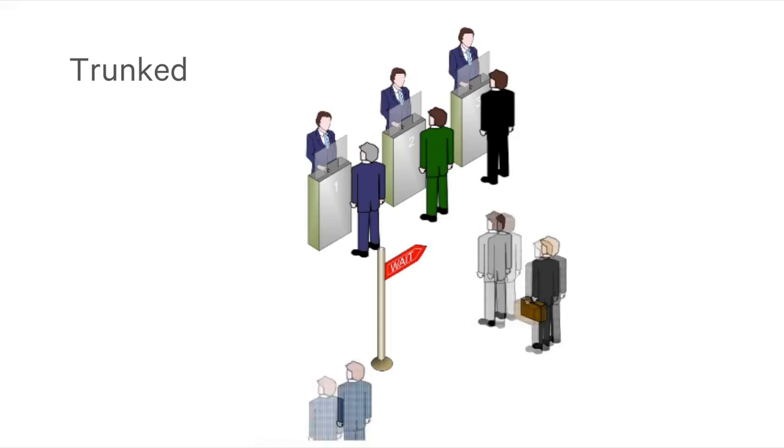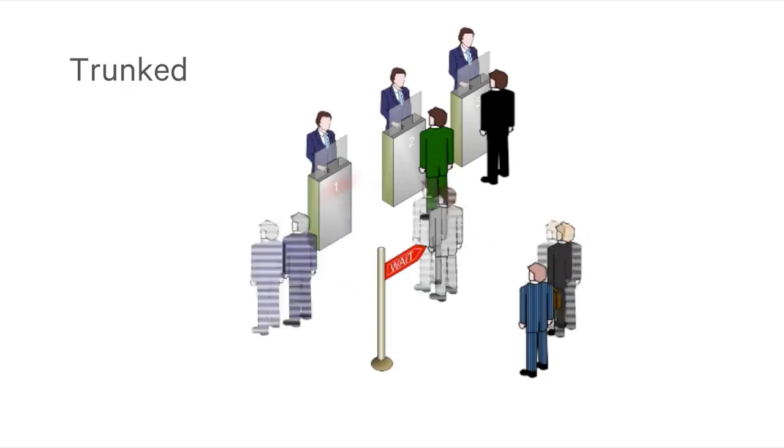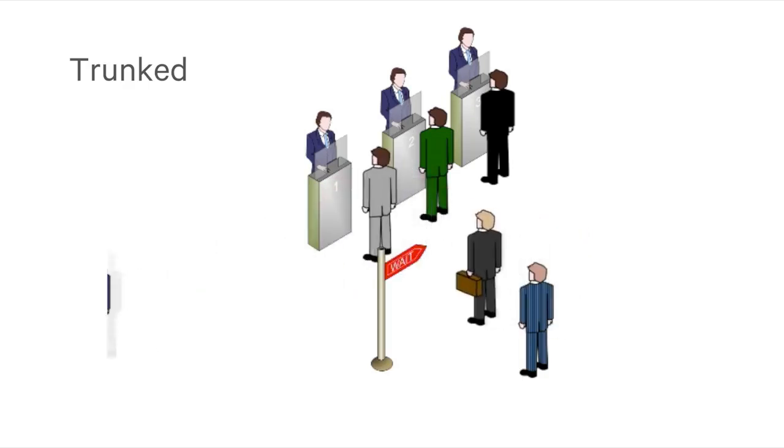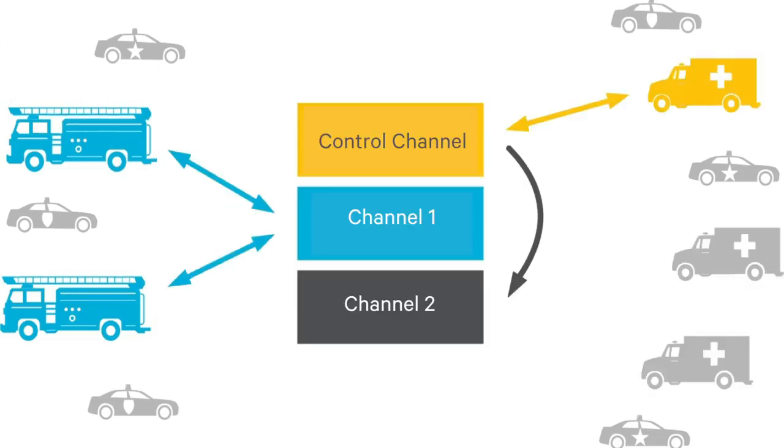This means a more even throughput of the transactions because the tellers are far more flexible, and the trunking controller at the head of the queue is an intelligent intermediary between the customers and the tellers. So that's the basic difference between conventional and trunking networks. In one, the users manually control the allocation of channels by selecting from a knob, whereas in trunking systems, a computer at the center of the network is responsible for this.